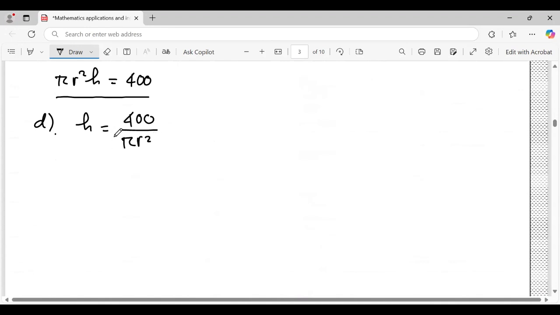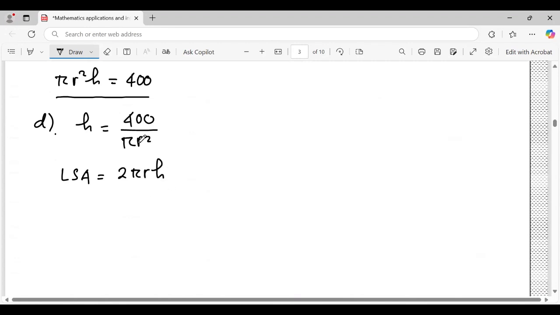Now substitute into the lateral surface area formula, 2 pi r h.